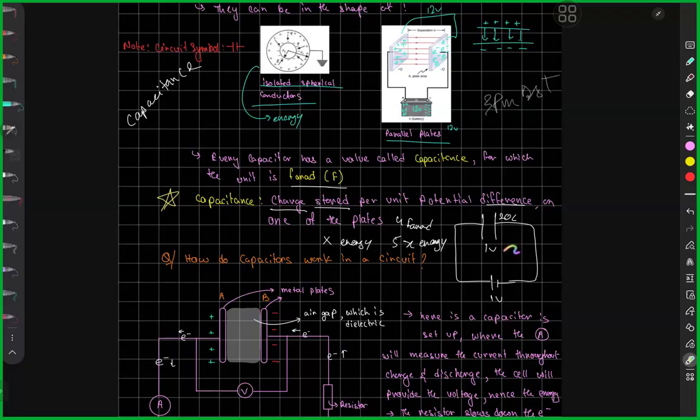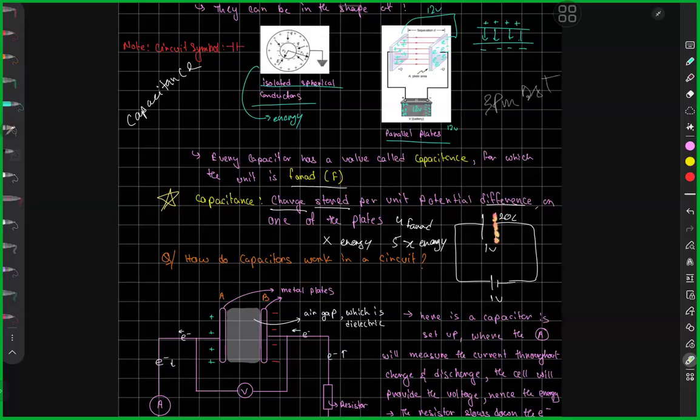That means with this 1 volt, how much charge can my capacitor that I'm testing hold on one of the plate? How much charge can this capacitor hold in one of the plate? The more charge it holds, the more energy it can hold with the same voltage.